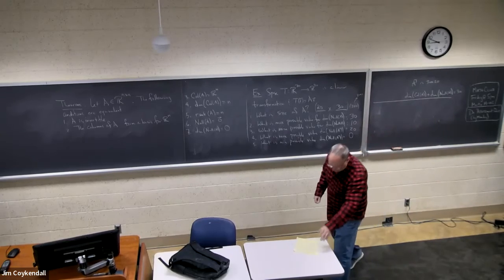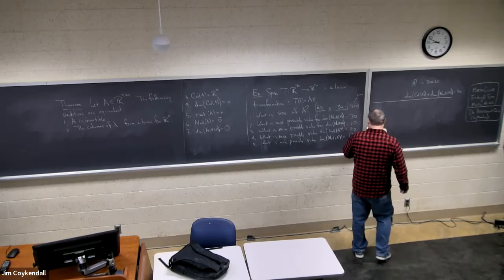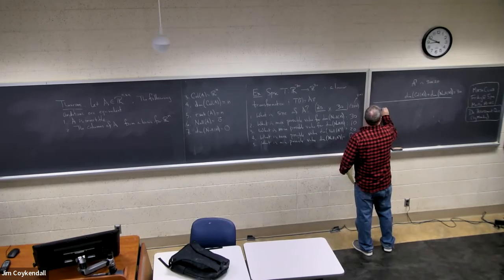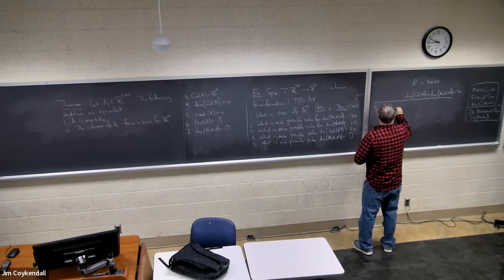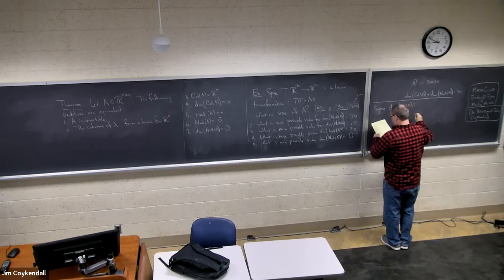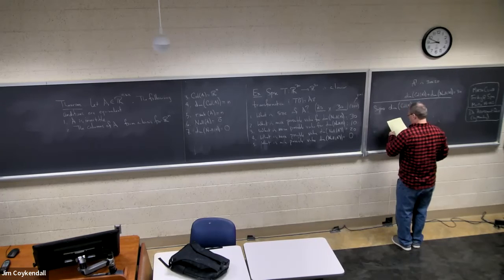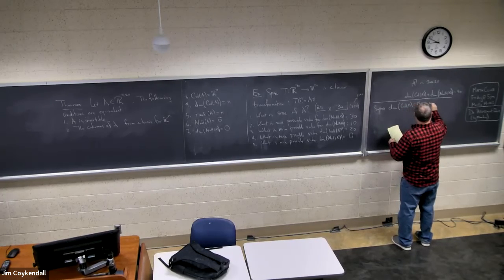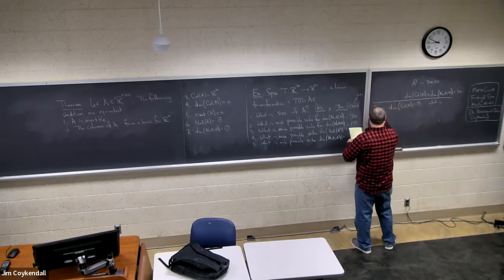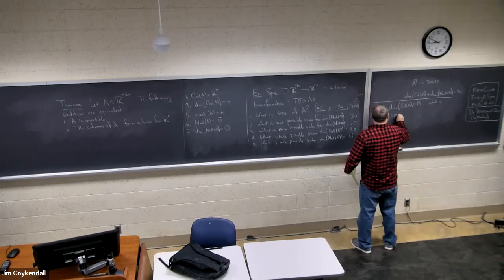So here's the last one. How about this? Suppose the dimension of the column space of A is 13. What is the dimension of the null space of A transpose?